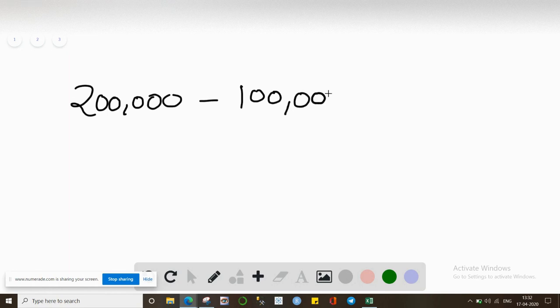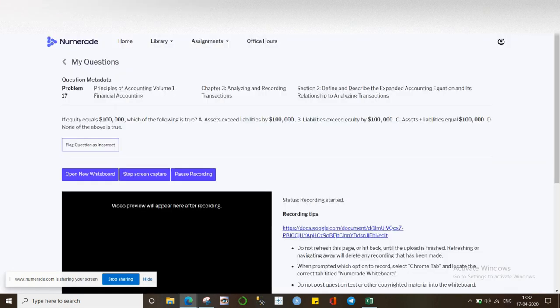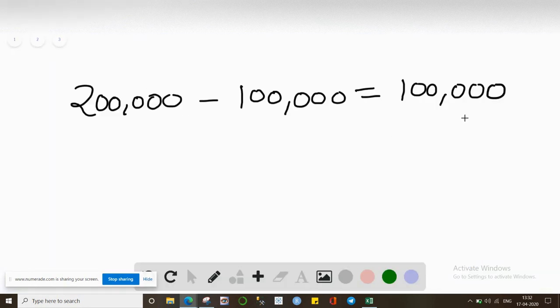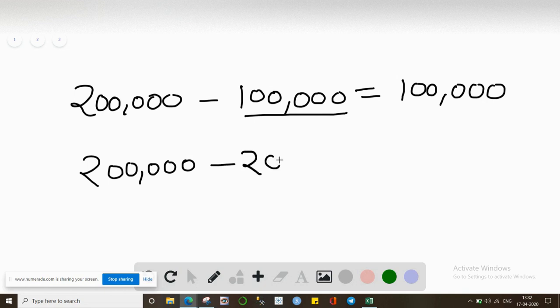That is, let's say suppose we have $200,000 of assets and $100,000 of liabilities. So what will we have at the equity level? $100,000. But with the second choice, where liability exceeds equity by 1 lakh, what will it mean? 2 lakh, or $200,000 of liability.